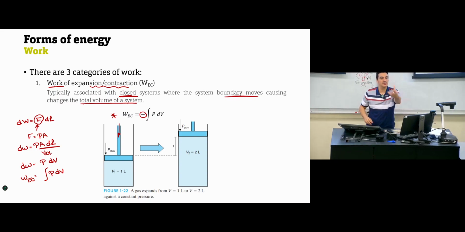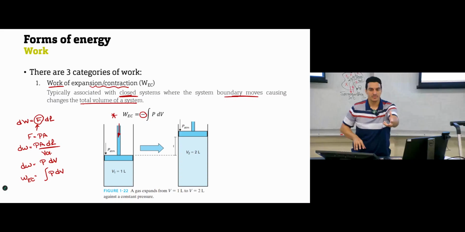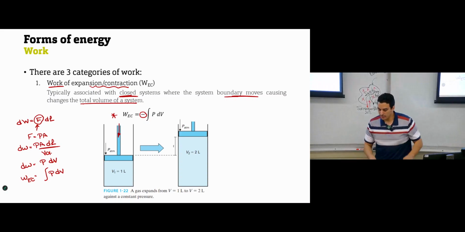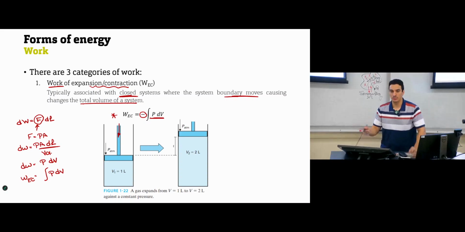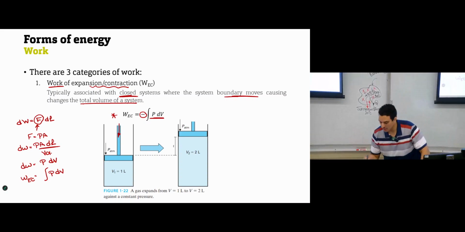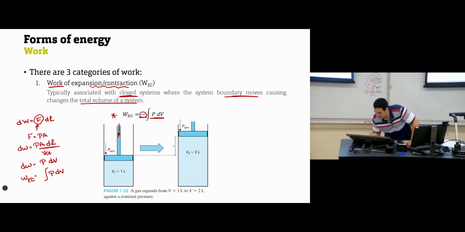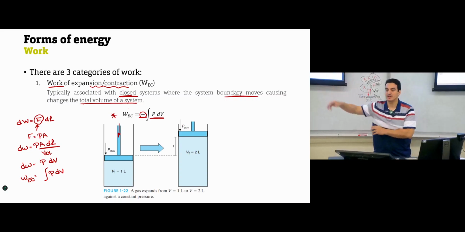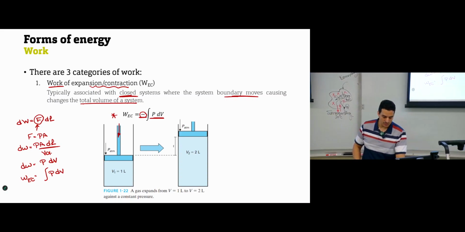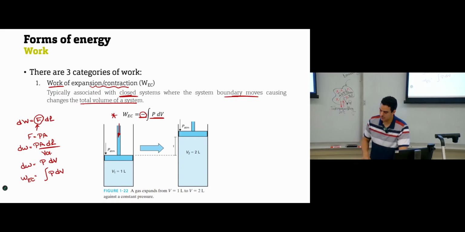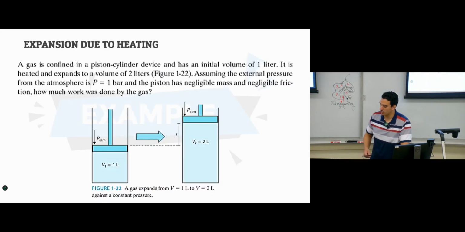So by increasing the pressure, the volume will decrease. So this integration of P dV will give a negative value because they have opposite effects. This is why I add a negative sign here, so the final result will be positive. Okay, clear? And this is how we got the equation.